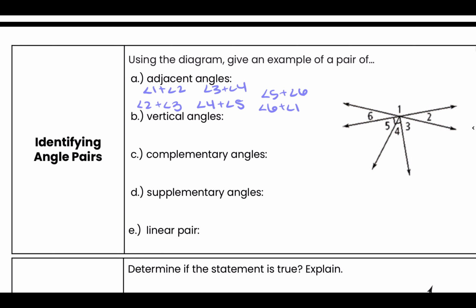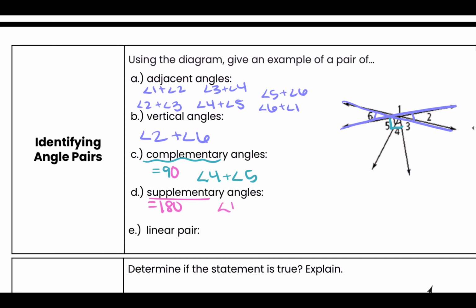Vertical angles. The only pair of intersecting lines that create vertical angles are right here. So angle 2 and angle 6 are vertical angles. Complementary angles. Remember, complementary means equals 90. So we have this right angle right here, so angle 4 and angle 5 both equal 90. Supplementary angles means they have to equal 180.